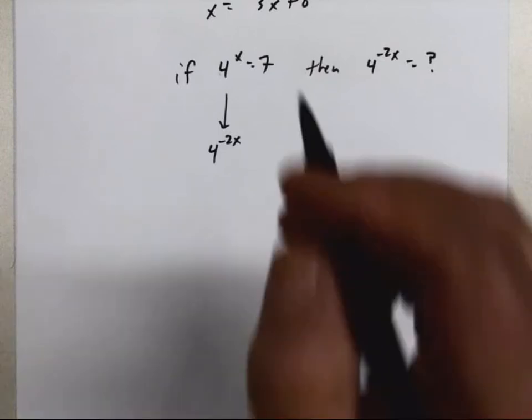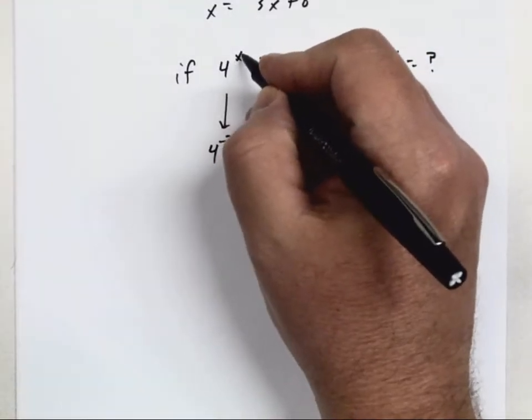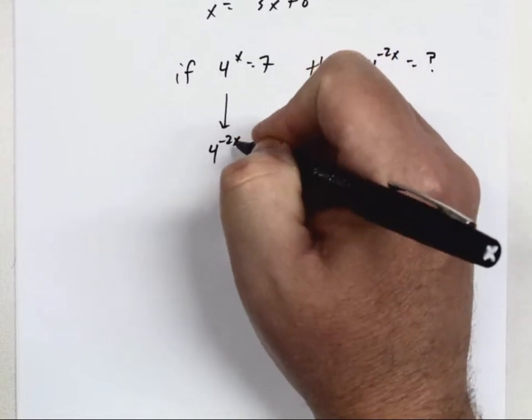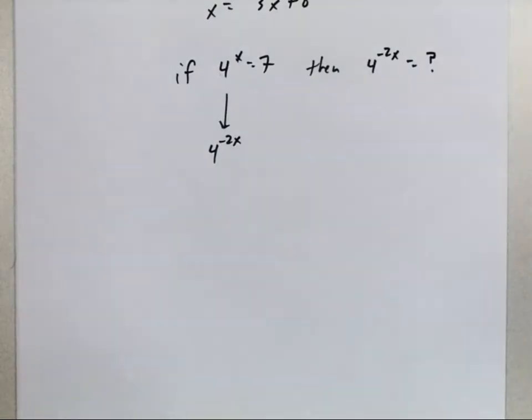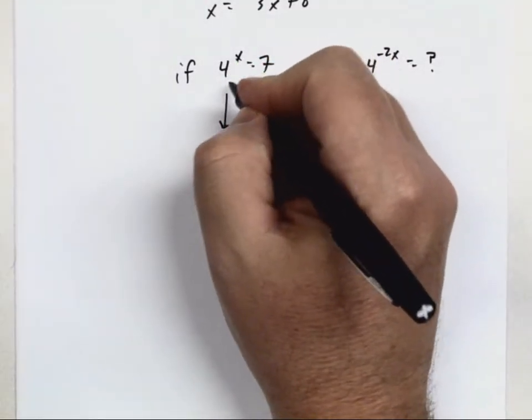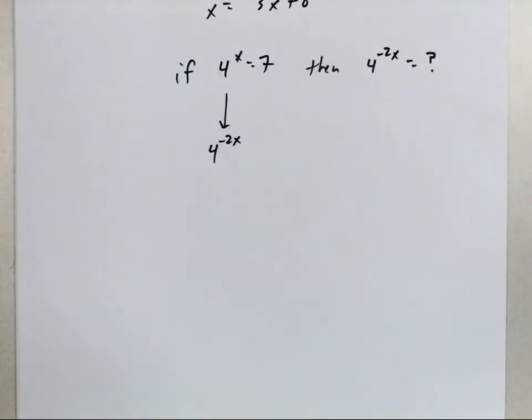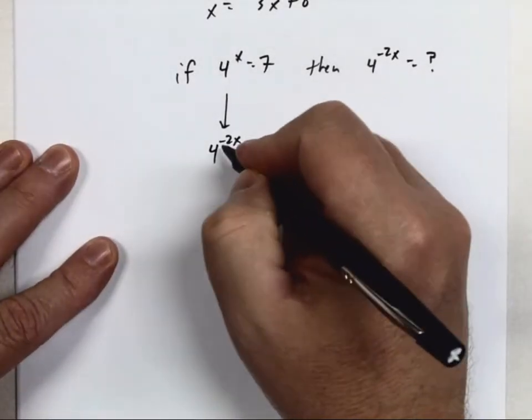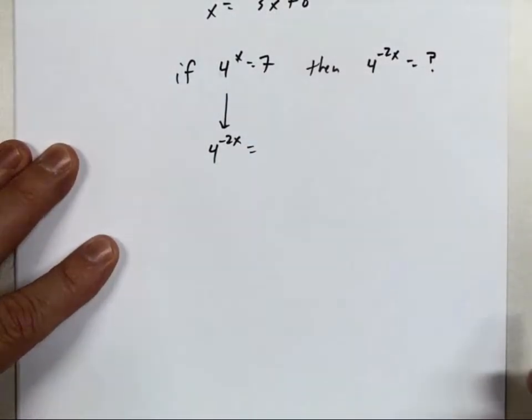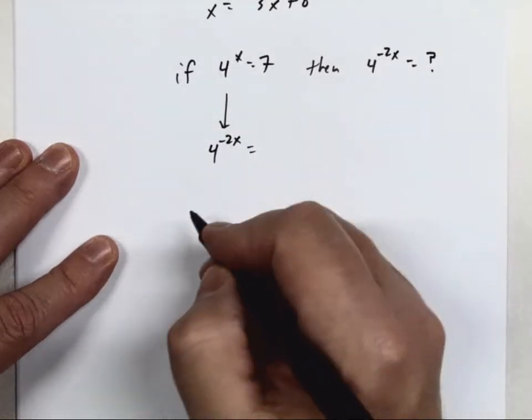Now, of course, whatever I have to do to change 4 to the x into 4 to the negative 2x, I have to do the same thing to both sides of this equation. So whatever I do on the left-hand side, I have to do the same thing on the right-hand side. Because then once I do that, then I will have solved this problem. So let's see, what's the first step?